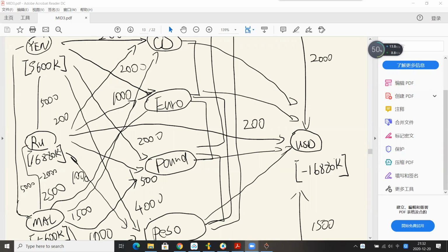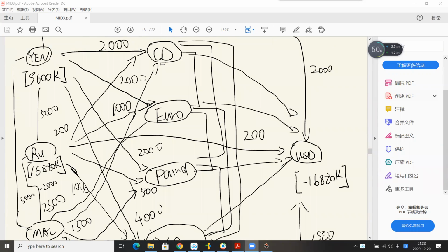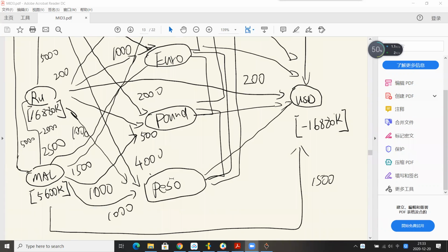So basically, the money goes out from these three nodes, the Japanese, Indonesian currency and Malaysian currency, and also we have the Canadian dollar, euro, pound, peso, and finally we hope it turns to US dollar.